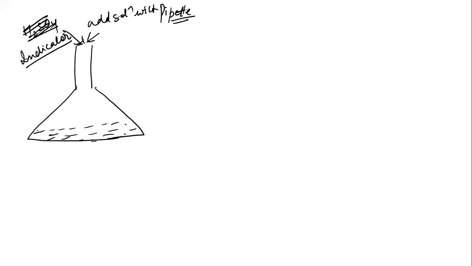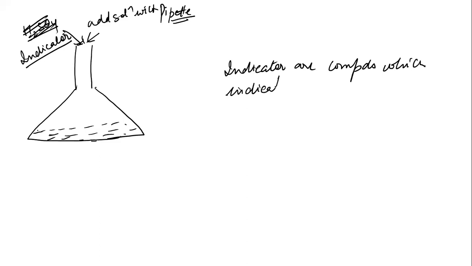Now indicators are those compounds which indicate whether the reaction is finished or not, or indicate that the reaction is going to give a chemical change.